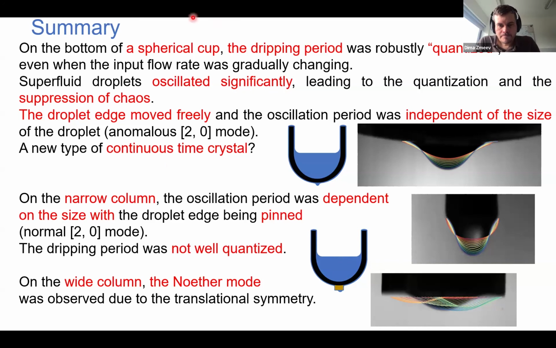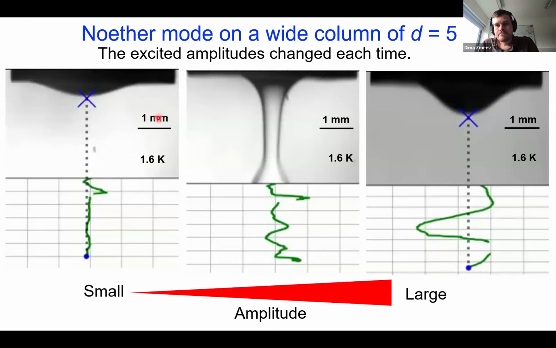Another question? So yeah, I have a question about your Noether mode measurements. In principle, you're filming from just one side, and the column, is it square or what's the shape?